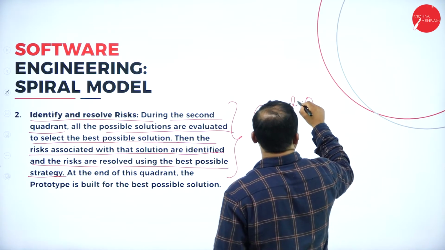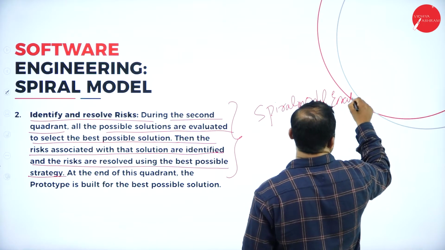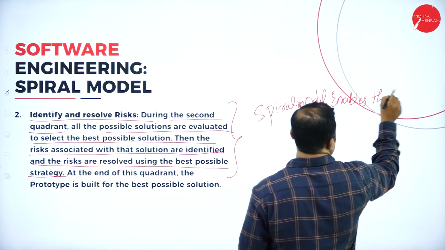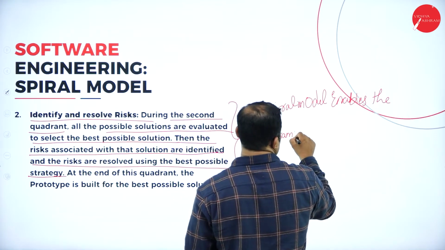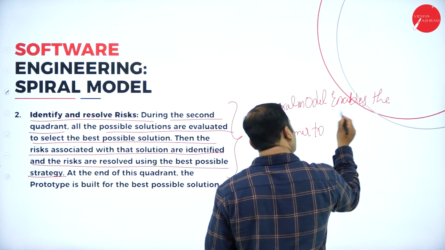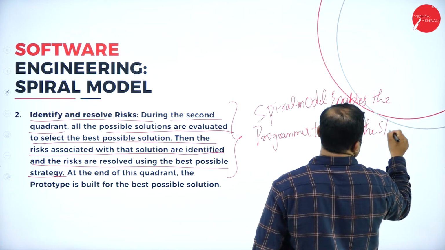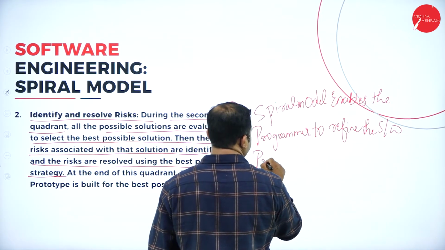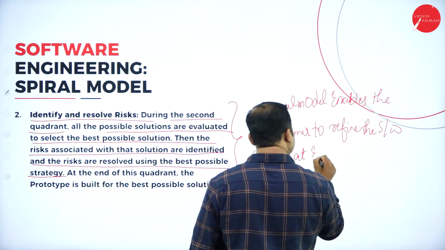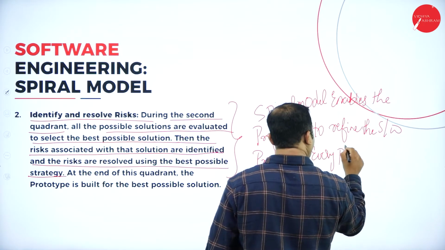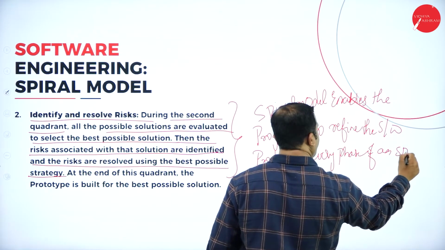obtain. The spiral model enables the programmer to refine the software product at every phase of an SDLC.